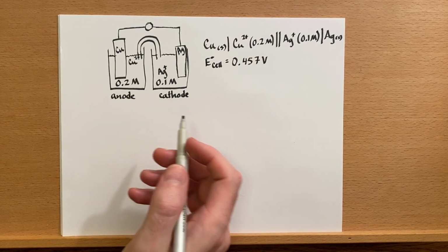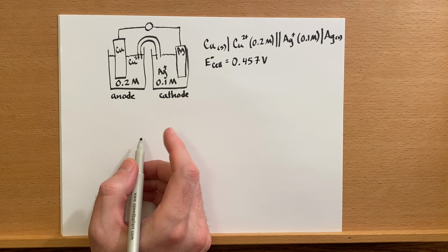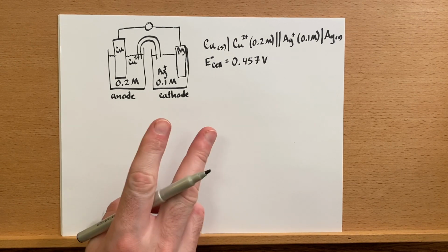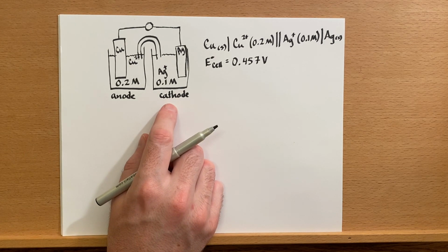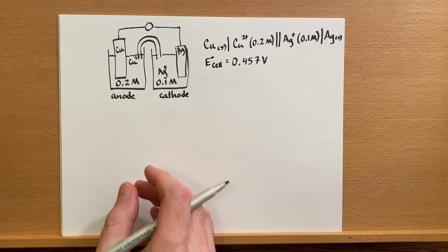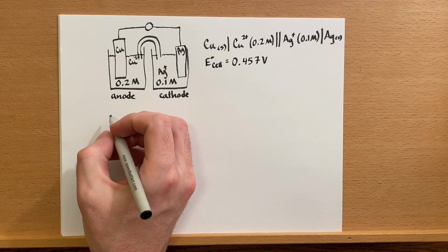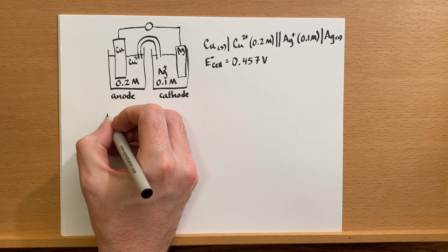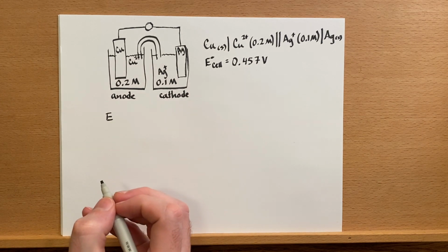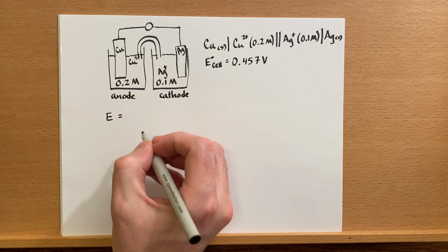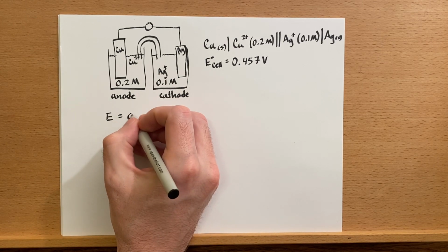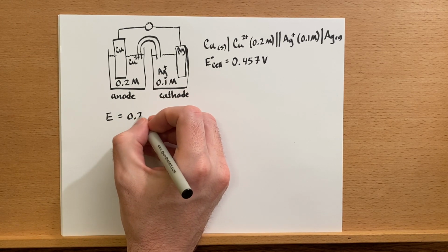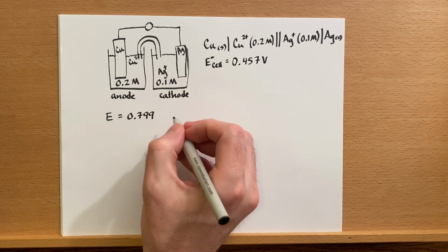So, no big deal. Now, we're going to write two Nernst equations for this. So, let's start with the cathode because it's cathode minus anode, so we might as well start with that one first. The potential that we want to calculate equals the standard reduction potential for silver, which we would look up in a table and find that it's 0.0799 volts.